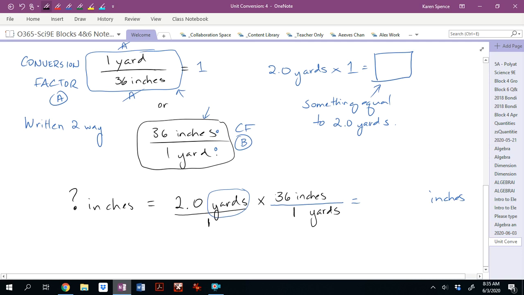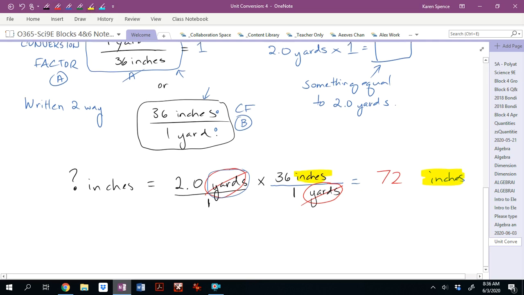Anytime I write a conversion factor, the one on the top and the one on the bottom have to be equal to each other. So I have yards on the top and yards on the bottom. Those will cancel each other out, and I am left with 2.0 times 36, which gives me 72, and the only unit I have left is inches.